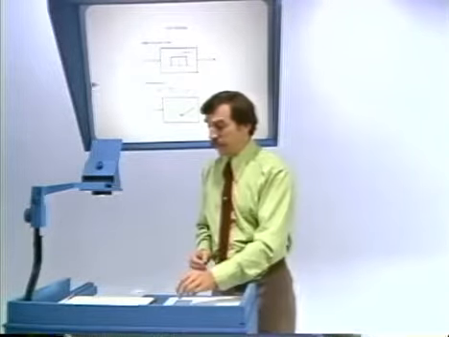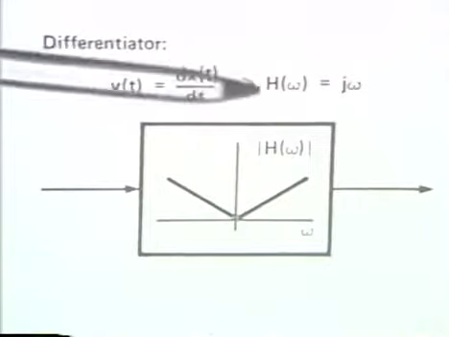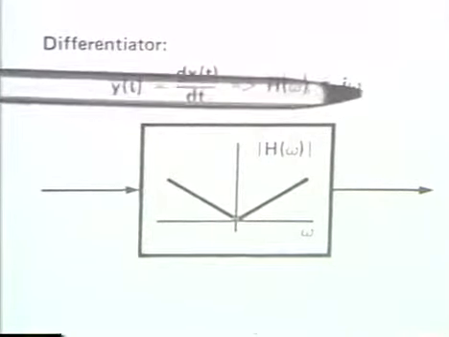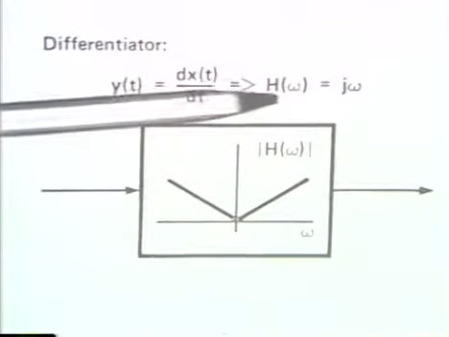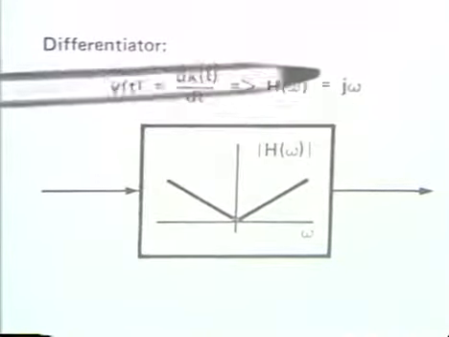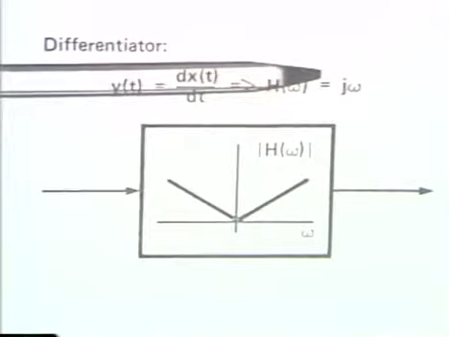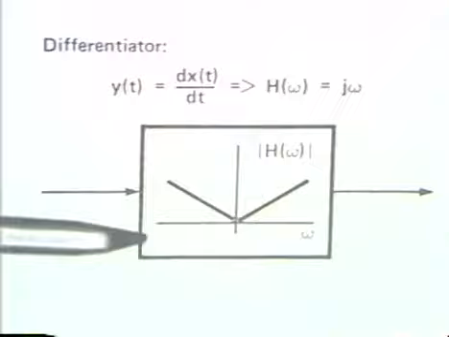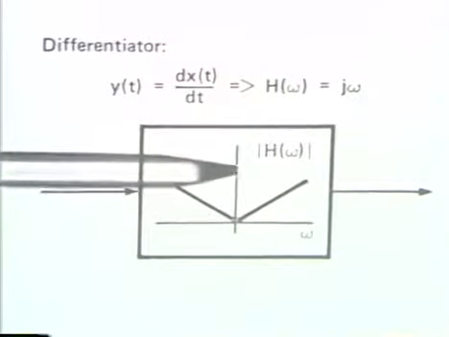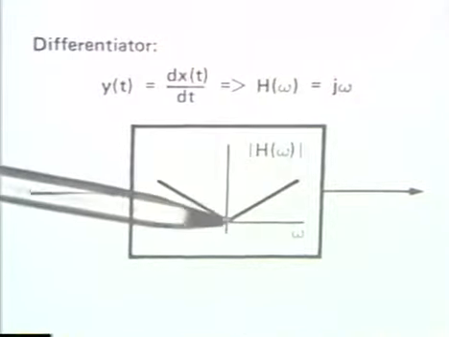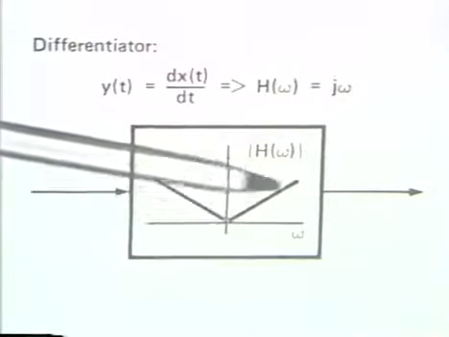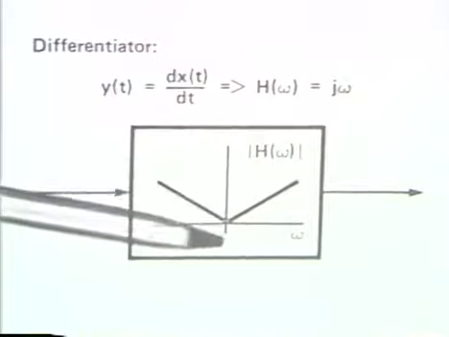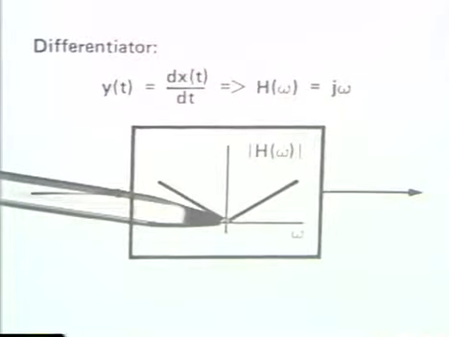So if we have a differentiator, the frequency response of that is j omega. In other words, the Fourier transform of the output is j omega times the Fourier transform of the input. And so the frequency response of a differentiator looks like this in terms of its magnitude. What it does, of course, is amplify high frequencies and attenuate low frequencies.